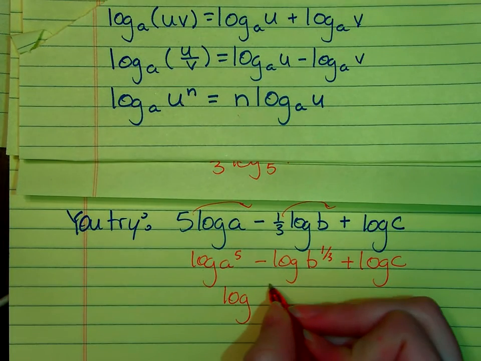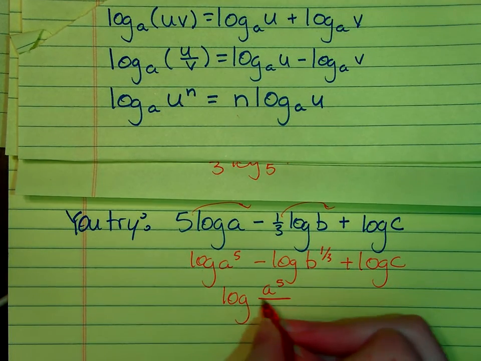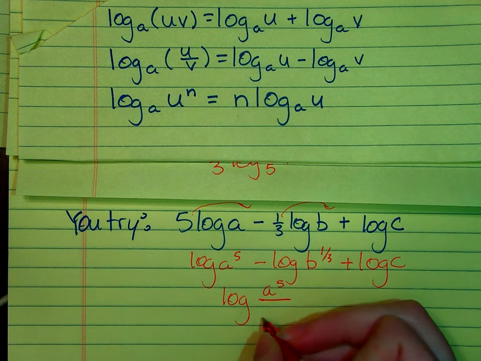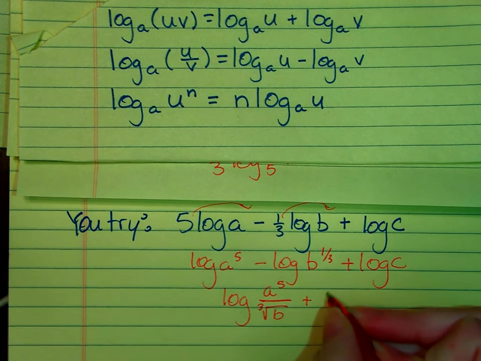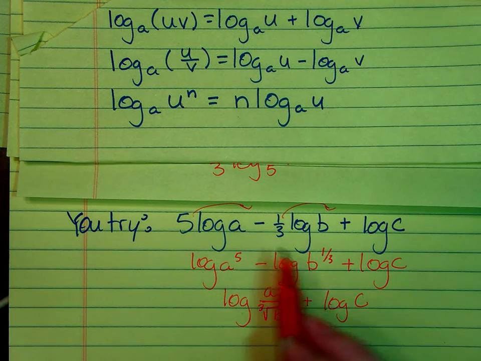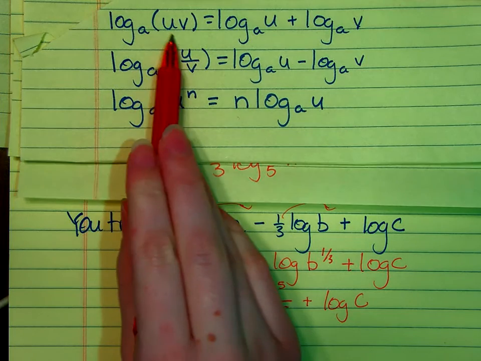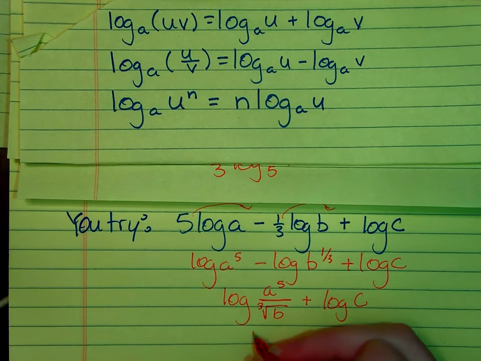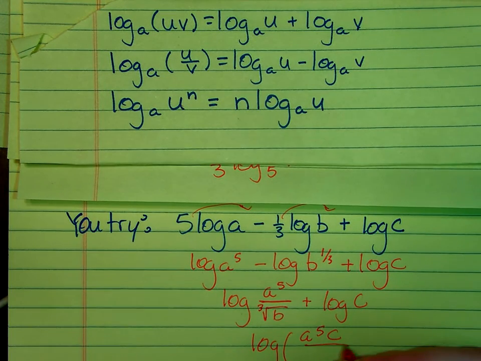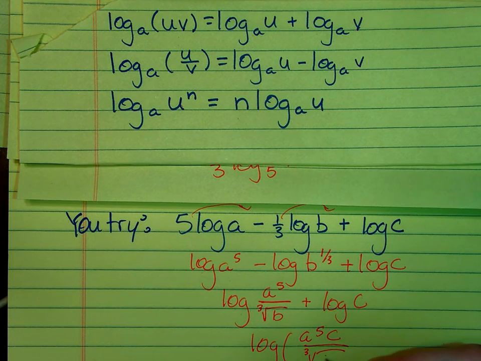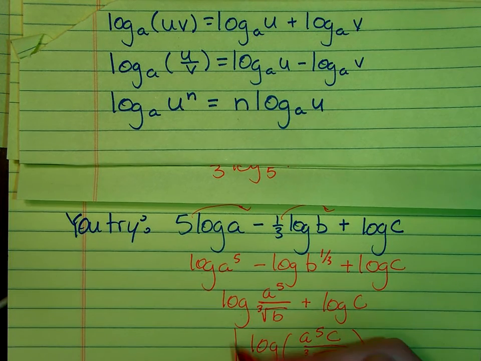So I have log a to the 5th divided by b to the 1/3. That's the same thing as a cube root, which is what I'm going to go ahead and write, plus log c. When I got addition, what does that become? Multiplication. So then I have log a to the 5th c over cube root of b, and I'm done.